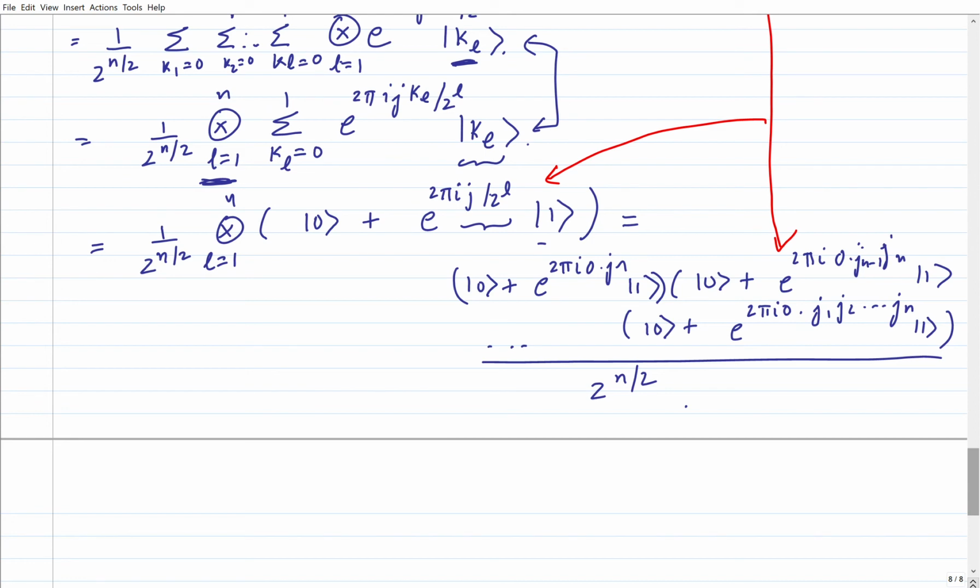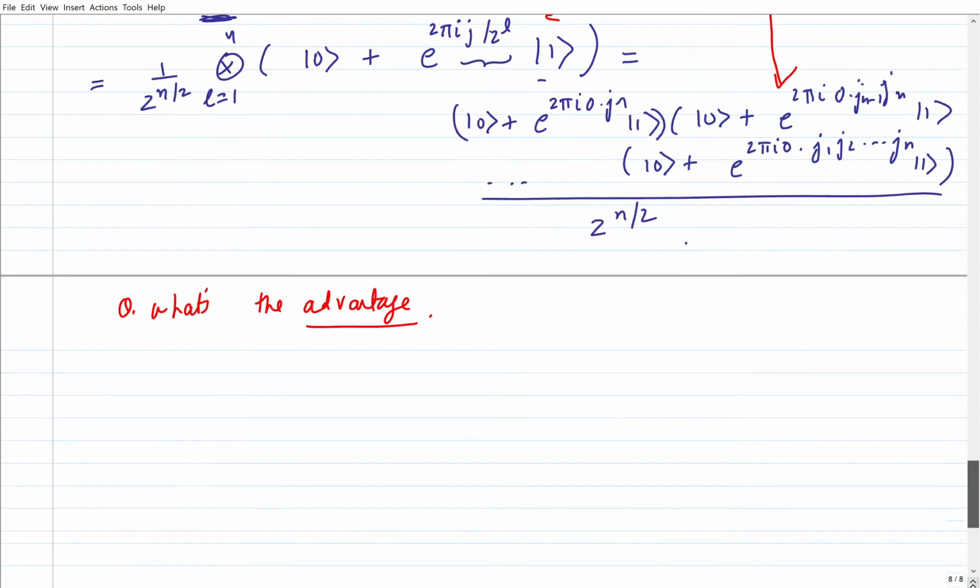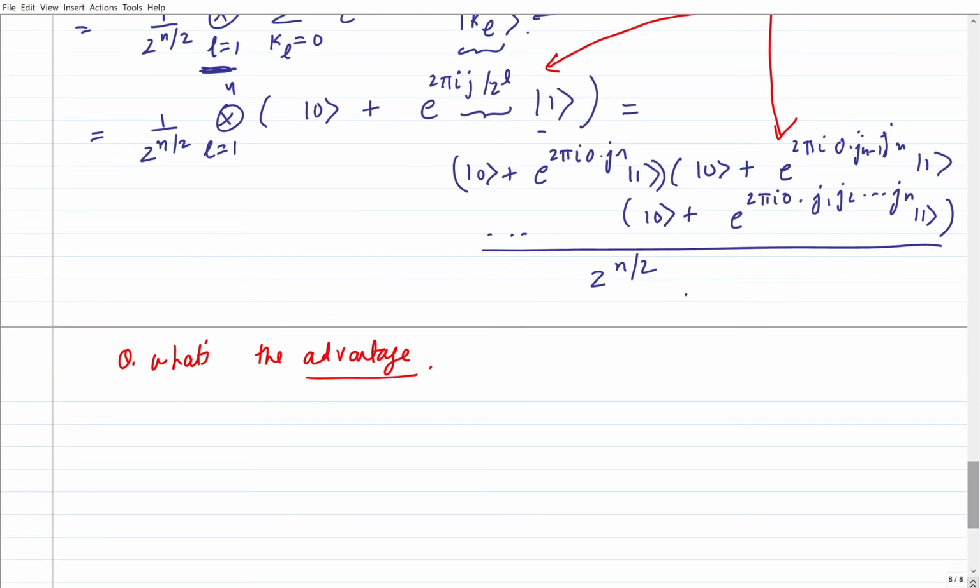So, this essentially, as we said, that we can take this to be the definition of quantum Fourier transform, but the question now is, what's the advantage? Well, first of all, you have to appreciate the beauty. I mean, this is all coming due to the tensor product nature of the Hilbert space, the way we were able to represent a very large n.